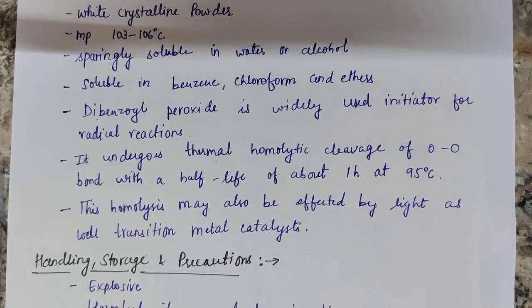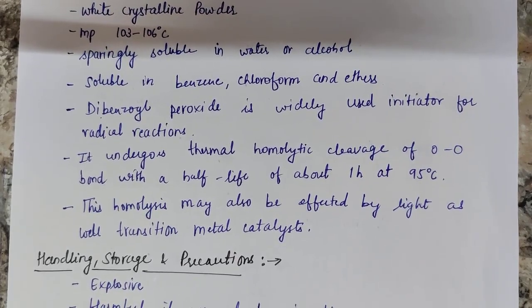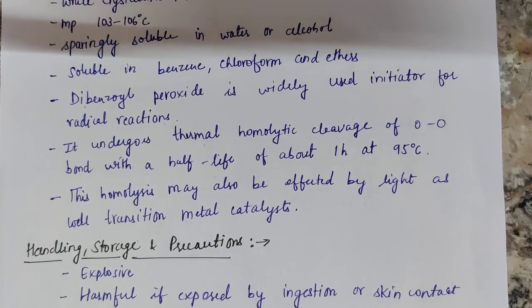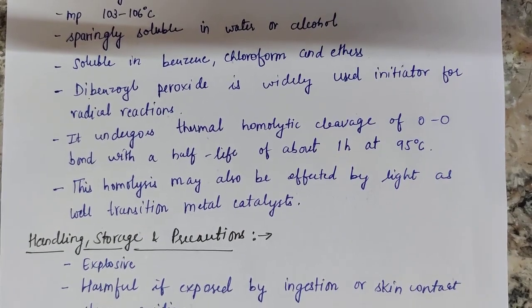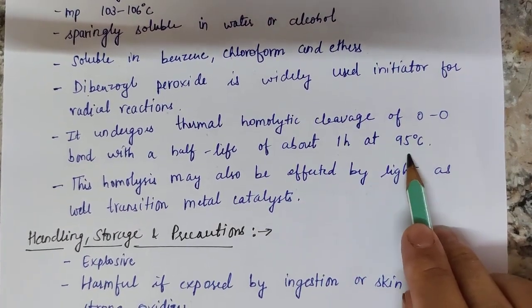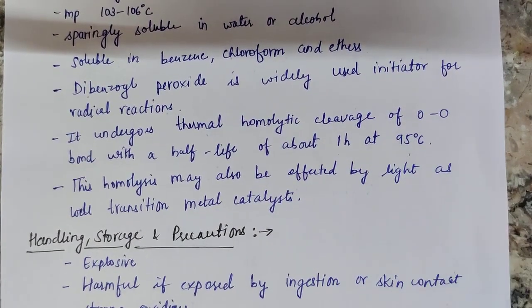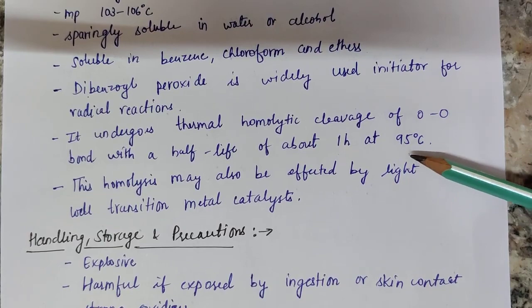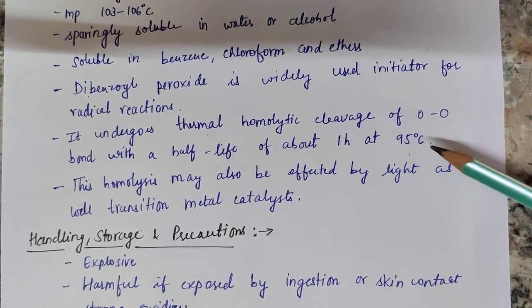Again, it is an initiator for radical reaction. Of course, it provides us radical. Half-life of the DBP is 1 hour at 95 degrees Celsius. So if we have some reactants that are stable around 95 degrees Celsius, we could proceed with this oxidizing agent.